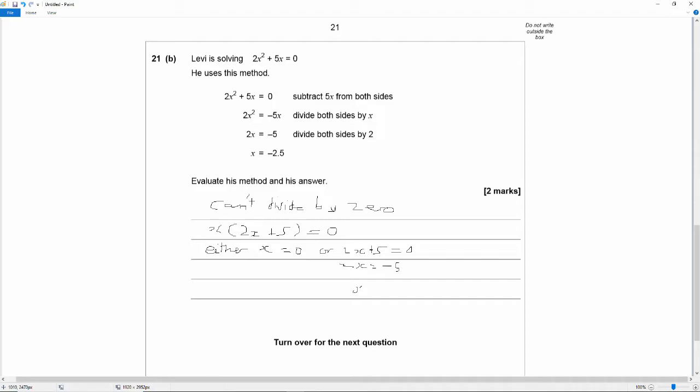So x is equal to negative 2.5. So x equals 0 or x equals negative 2.5.